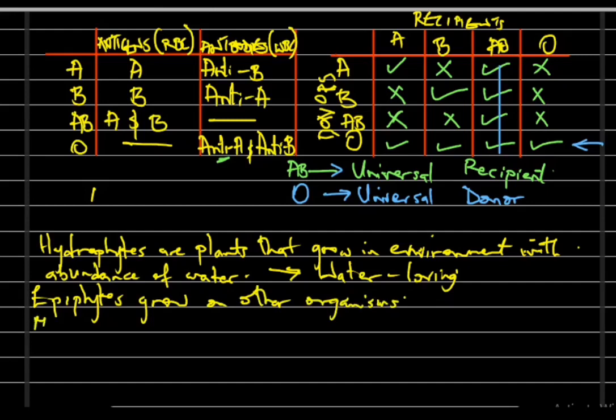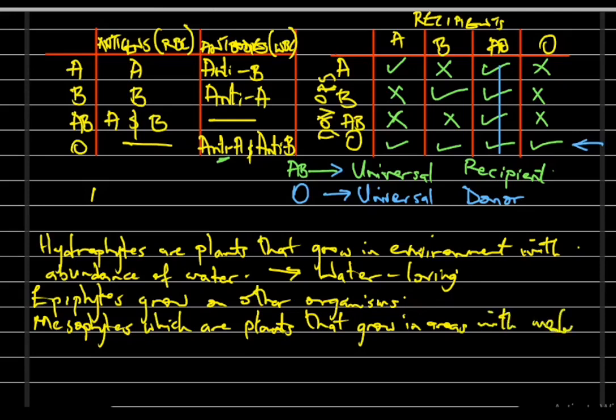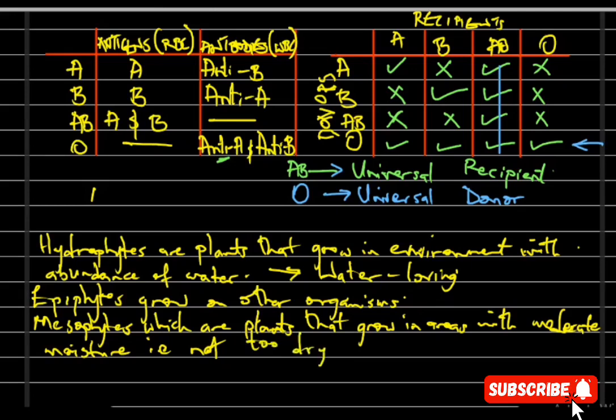We have the mesophytes, which are plants that grow in areas with moderate moisture that is not too dry nor wet.